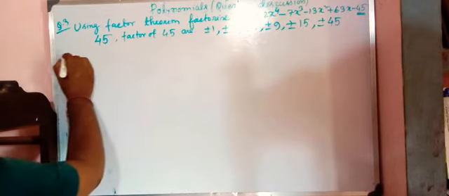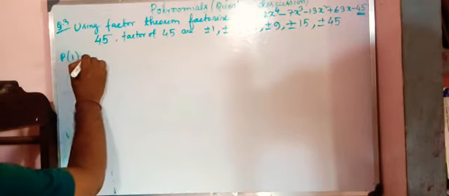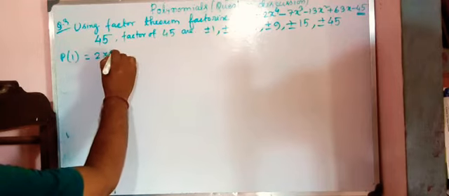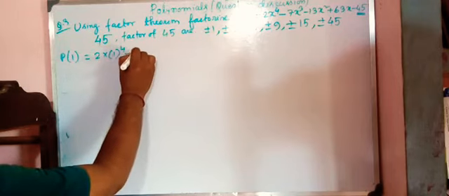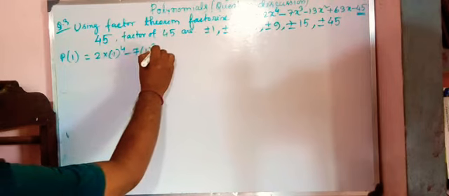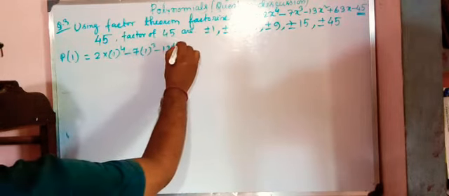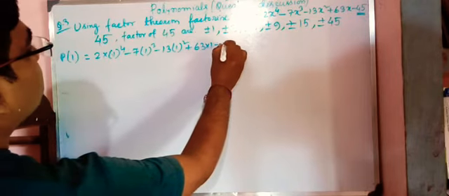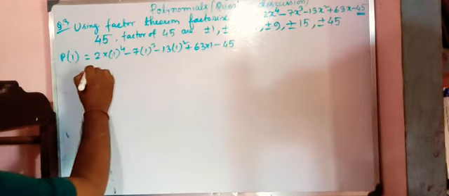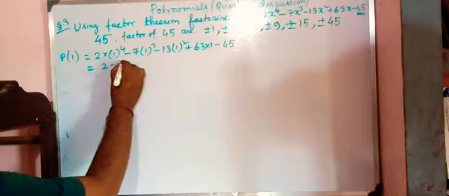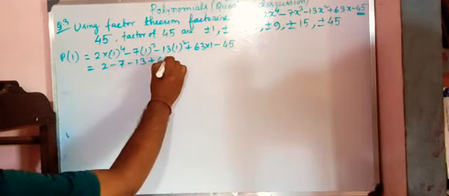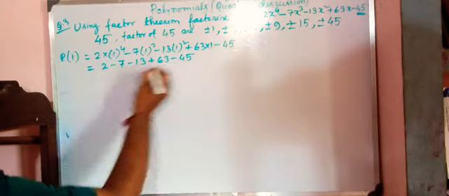Okay, so we are putting P of 1. That's implying 2 minus 7 minus 13 plus 63 minus 45.